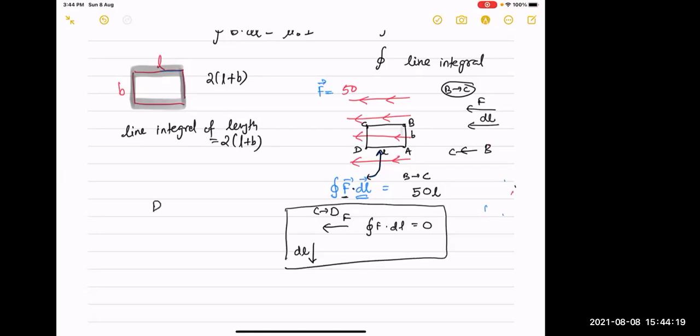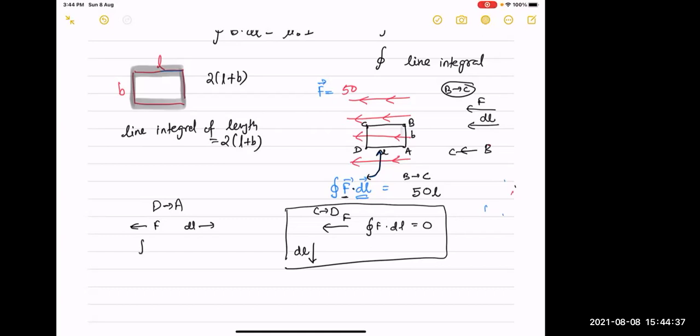From D to A, the field vector is like this and the dl vector is like this. So the angle between them is 180, and cos 180 is minus 1.